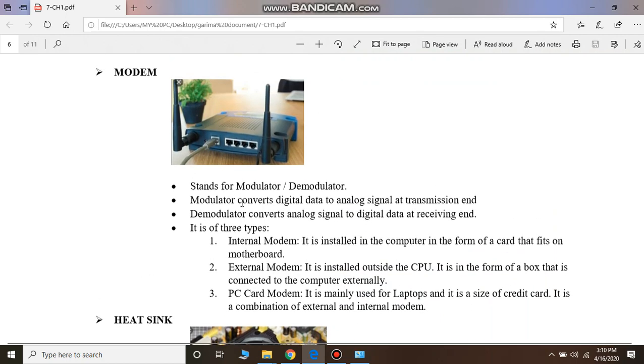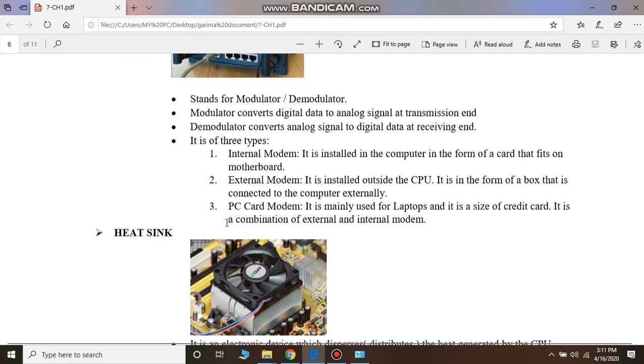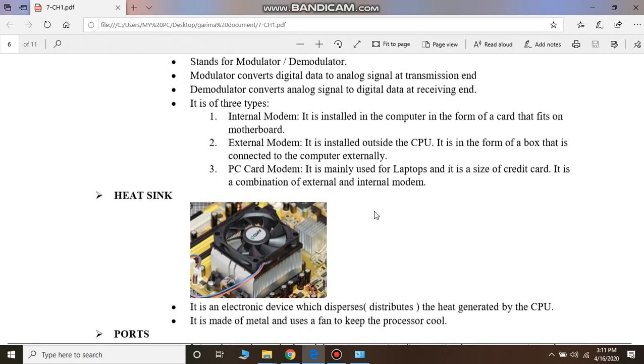External modem is in the form of a box, just like you see in this picture. It is connected to the computer externally. Next is a PC card modem. It is mainly used for laptops and it's the size of a credit card. So it is basically a combination of both external and internal modem, right?